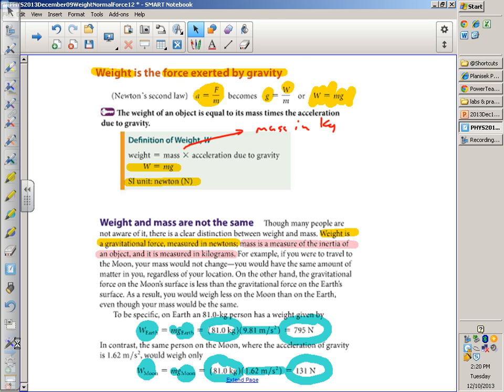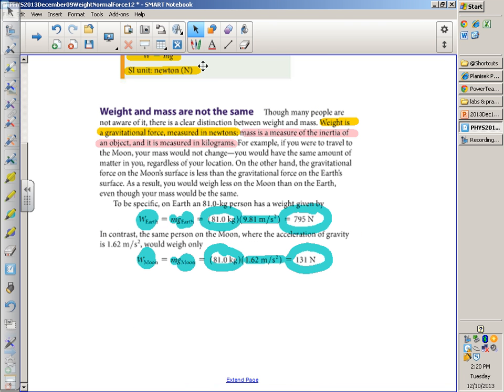Right? Next part we talked about was the difference between weight and mass, that a lot of times they get used interchangeably, but they are different. Weight being a force, that force by gravity, but then mass being a measurement of the inertia of an object, or how hard it is to get it to do what it's doing, or change what it's doing.